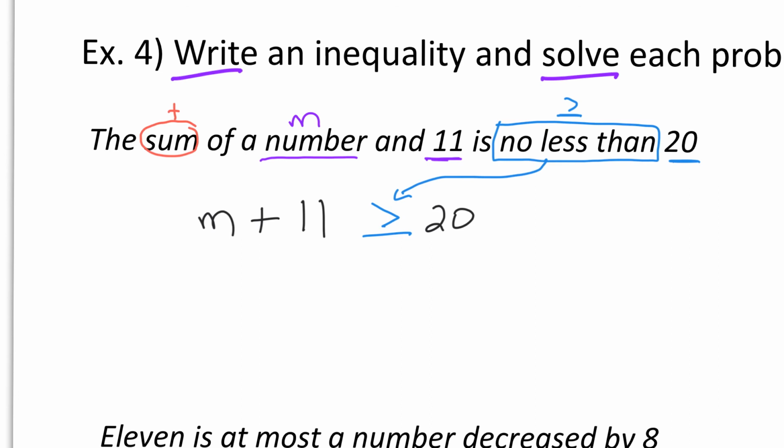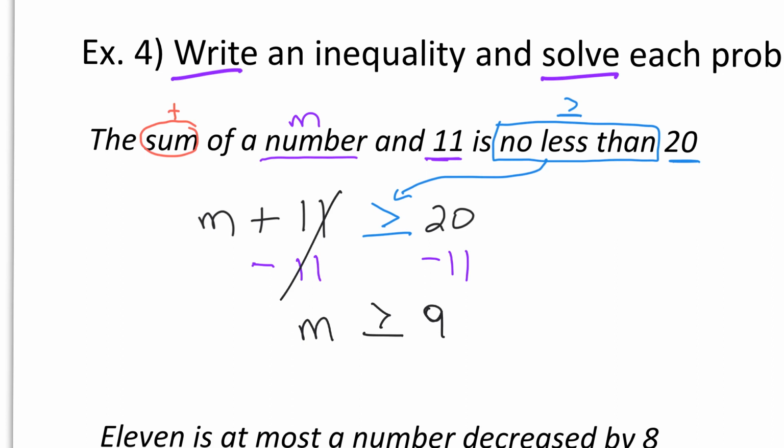So that's the inequality. But now we just want to solve the inequality. I'm going to get m by itself, so I'm going to subtract 11 from both sides. I'm going to have m, bring down the inequality. This cancels right there, and we have 20 minus 11, 9. So we have our answer: m is greater than or equal to 9.